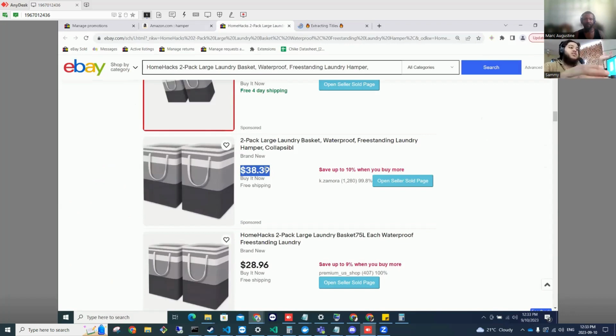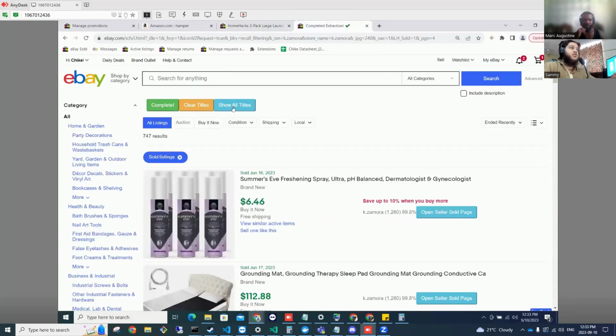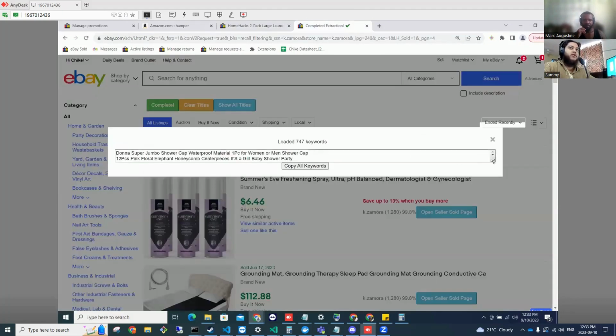So all the ones that are sold are items that can be marked up by 100% and have been proven to sell on eBay. His are items that have margin already, you know what I mean? So now we have a list of 747 items.